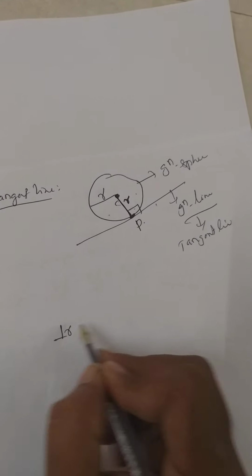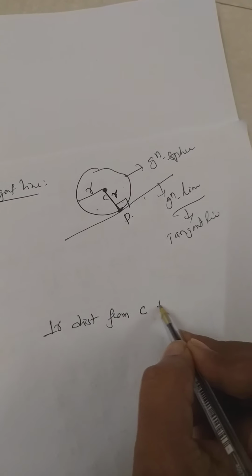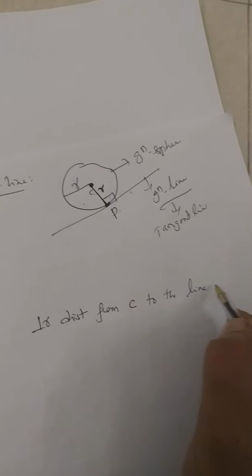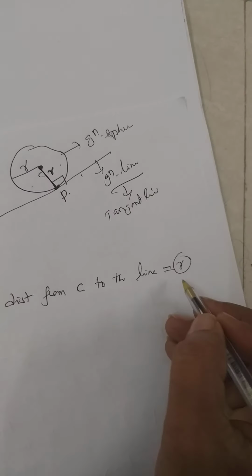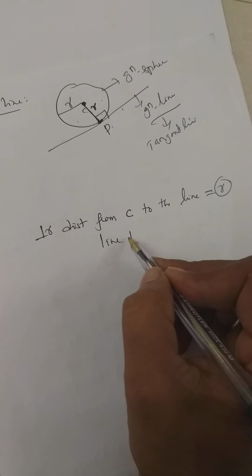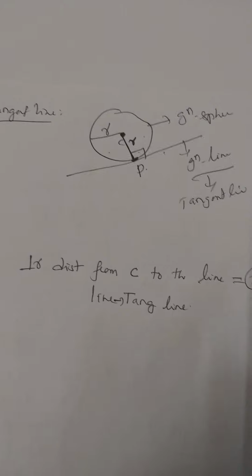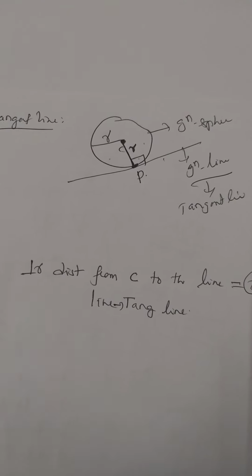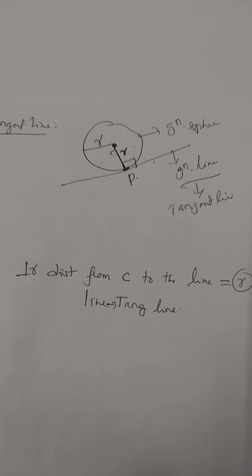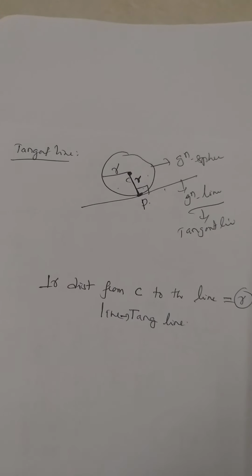If the perpendicular distance from C to the line is equal to the radius of the sphere, then the given line is called a tangent line. If it is a tangent line, it touches the sphere at a unique point. In that case, the perpendicular distance from the center of the sphere onto the line is equal to radius.